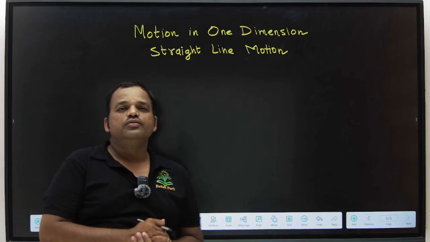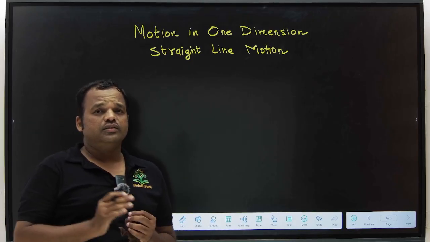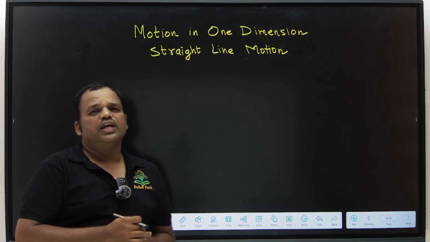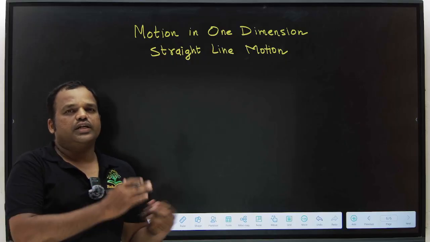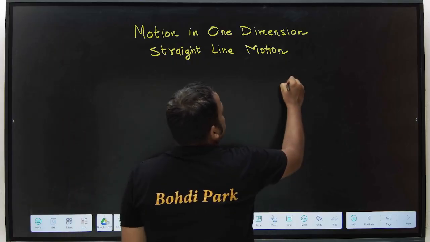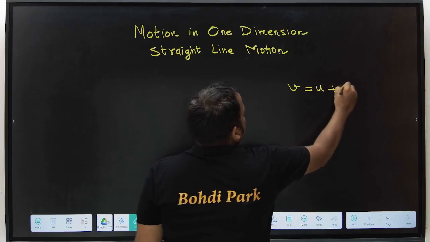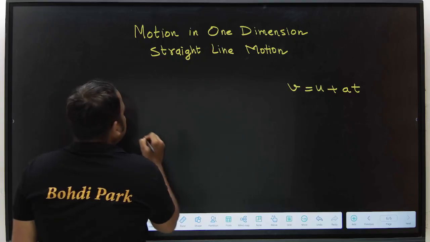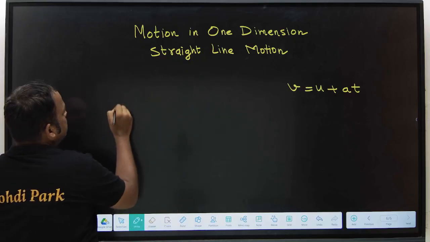So how to use equations of motion to solve questions related to uniform acceleration along a straight line. Suppose the first equation of motion is v is equal to u plus at. Let's use this equation in a question.